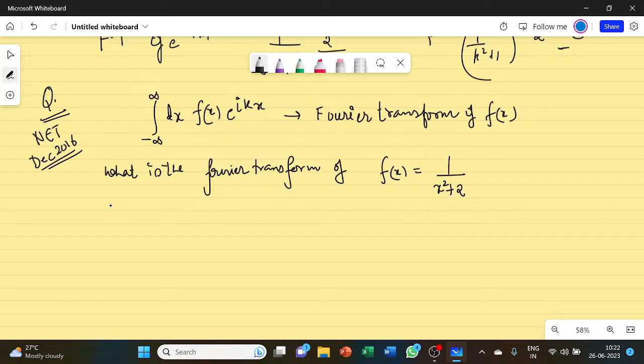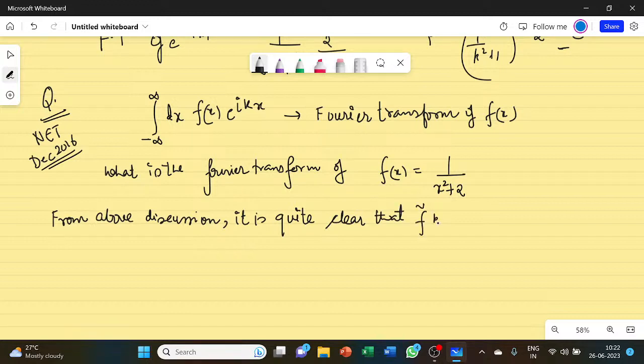So from the above discussion, it is quite clear that the Fourier transform of this particular function would be what?